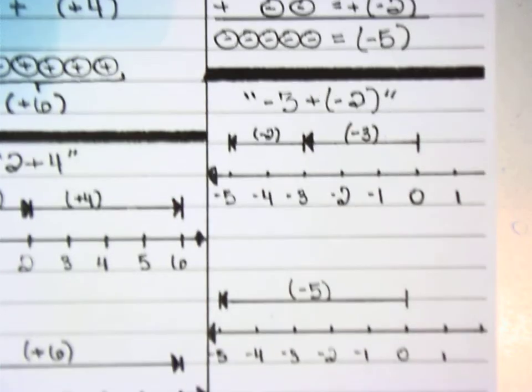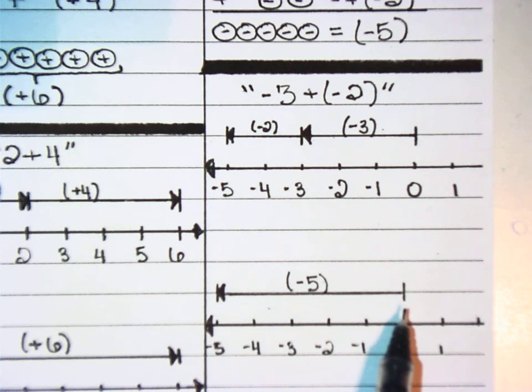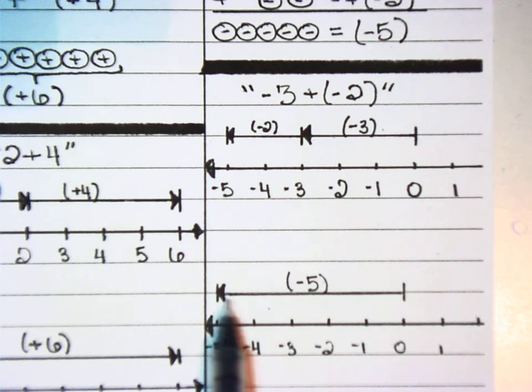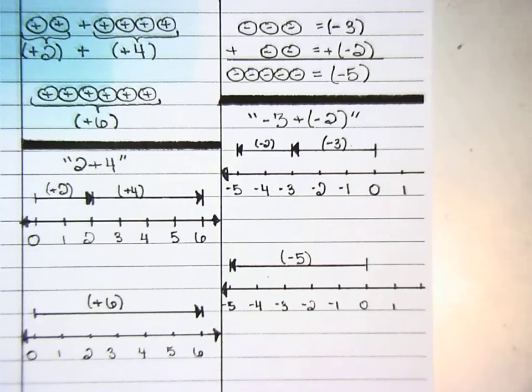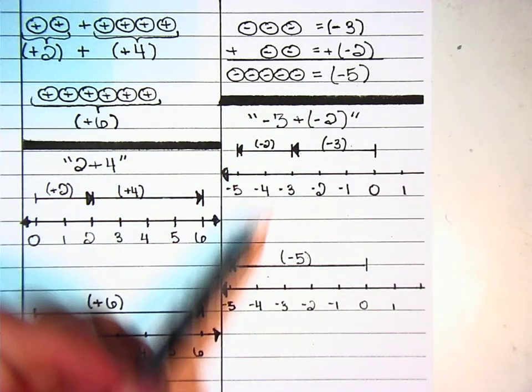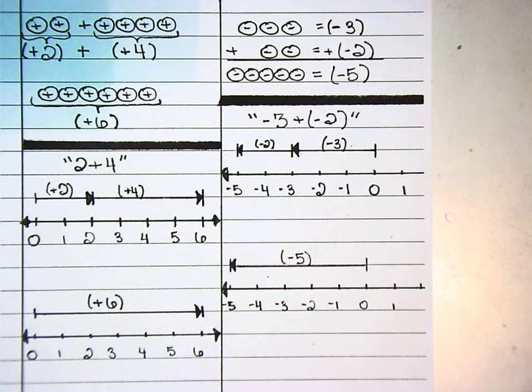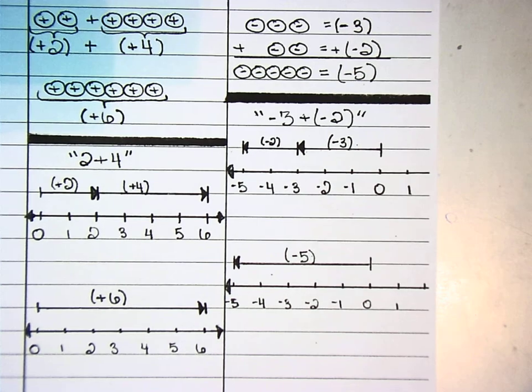And just like before, we now have basically one line that extends from 0 all the way to negative 5, which corresponds to our answer above when we used the integer chips, or the diagram above. So if you have this right, both answers should correlate. Let's go ahead and begin now, or turn your page over to do the second set of notes.